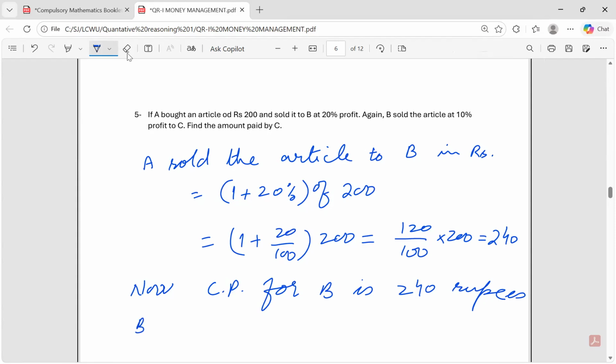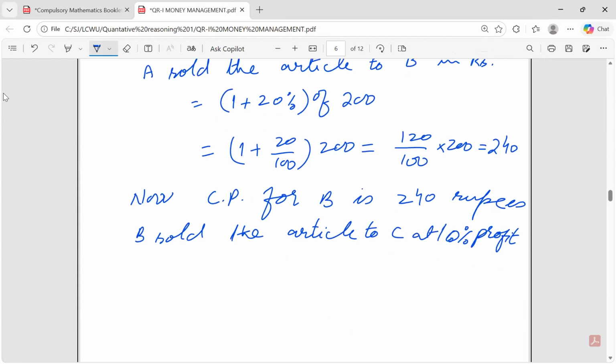So B sold the article to C at 10% profit, right? 10% profit.